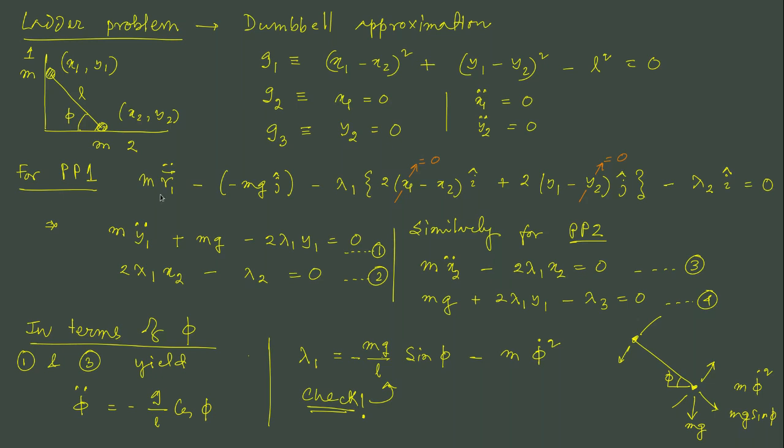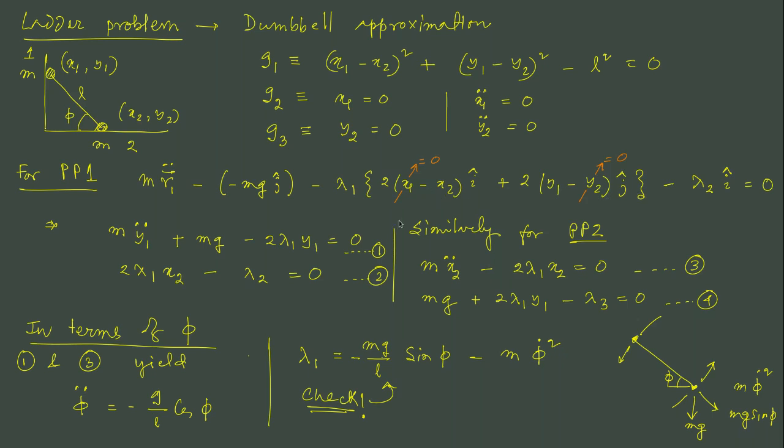So these are our 3 constraints. For the first point particle, we write down Lagrange's equation of the first kind: mass times acceleration minus the external force, which is gravity acting downward, minus lambda 1 times del G1 del R1. If you calculate it from the gradient, it is straightforward. You will get something like 2(x1 minus x2) i cap plus 2(y1 minus y2) j cap.